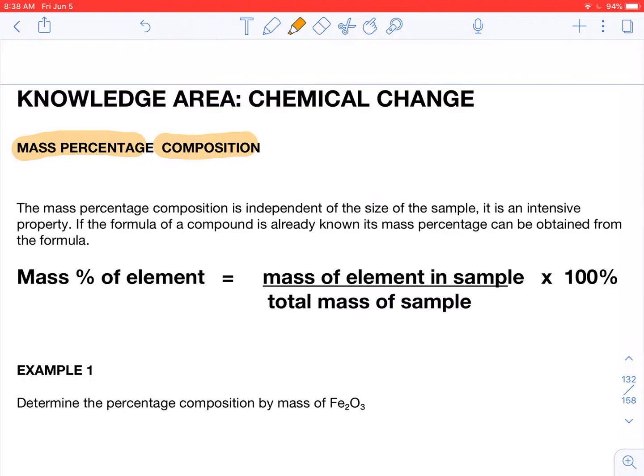For instance, I could ask, what is the gender composition in South Africa? That would mean I want to know the relative number of males to females in South Africa. Or I could ask, what is the age composition?